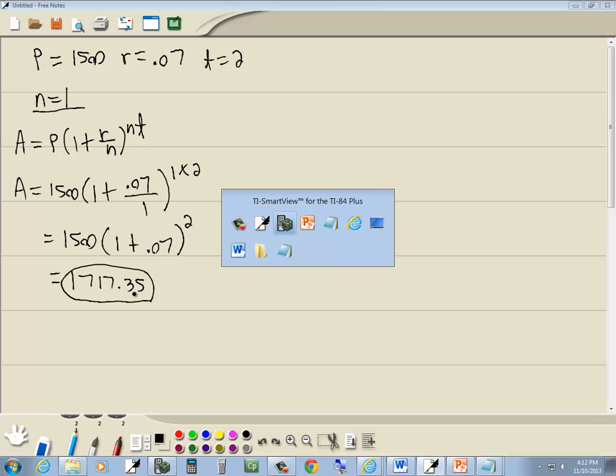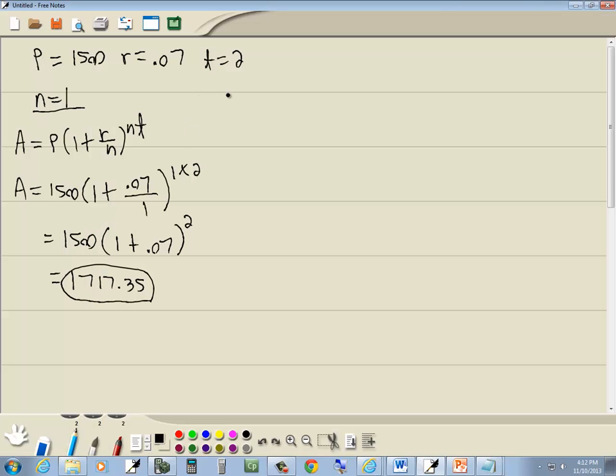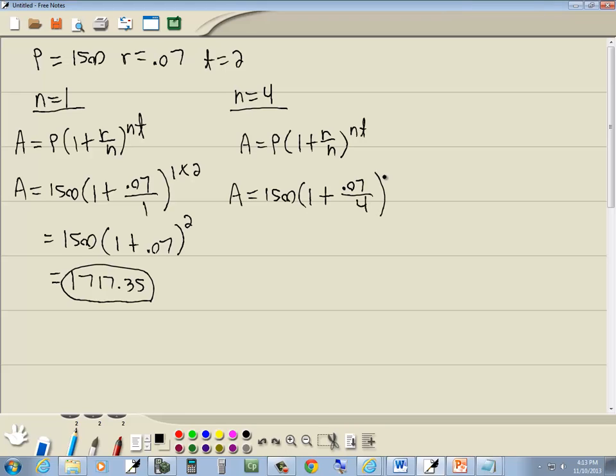Okay, so then our next one, N is equal to 4. Again, it doesn't say continuous, so we're going to use the same formula: A is equal to P times 1 plus R over N to the NT power. We plug in what they give us. P is 1500 times 1 plus R, which is 0.07, over N, which is 4, raised to the NT power, which would be 4 times 2.